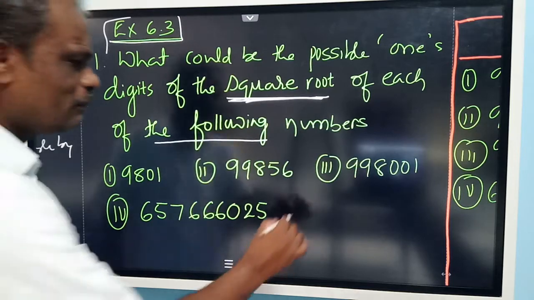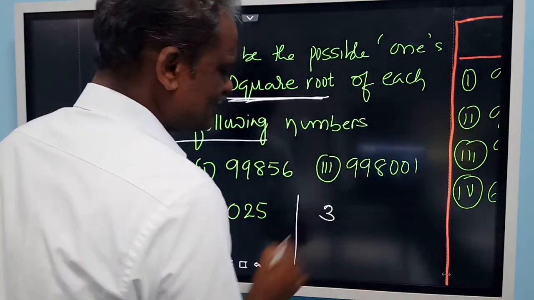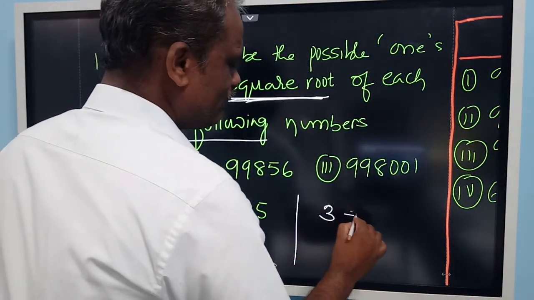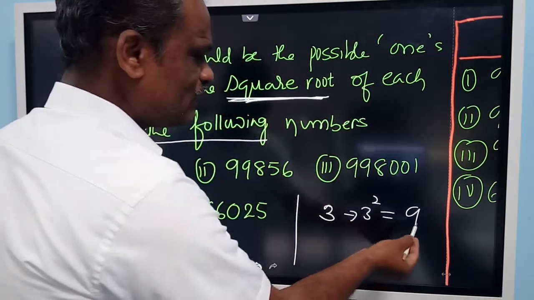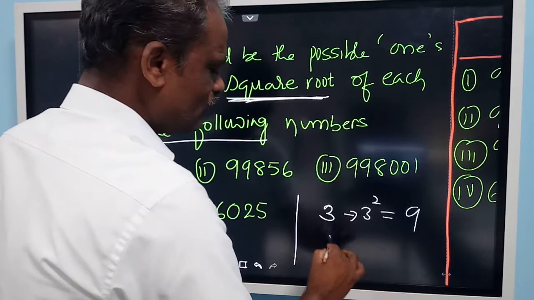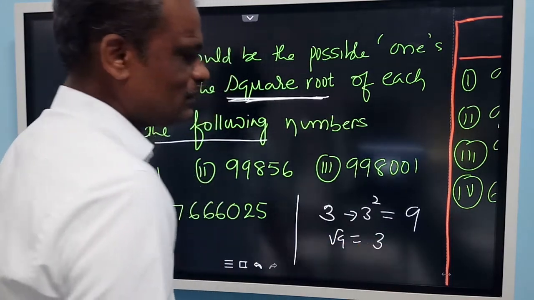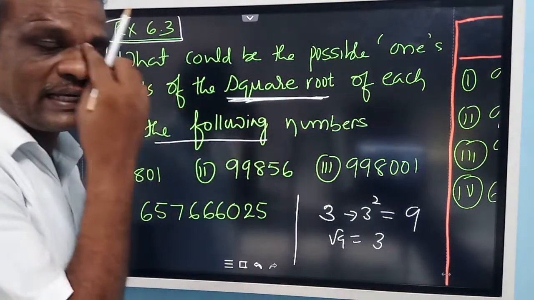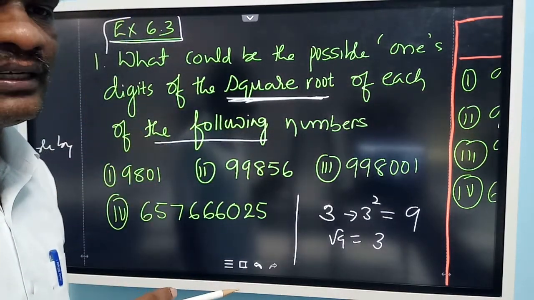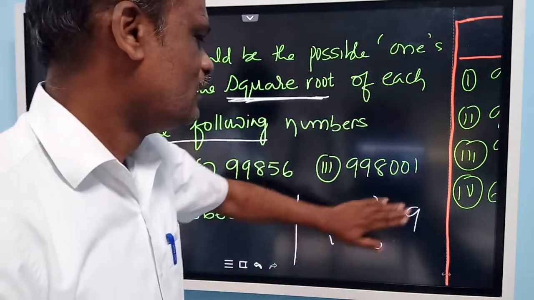Suppose 3 is there, squaring means 3 square, it becomes 9. Its reverse process is square root. Square root of 9 is 3. Therefore, the units place digit of the square root of 9 is 3, like that. In the reverse way you have to tell.